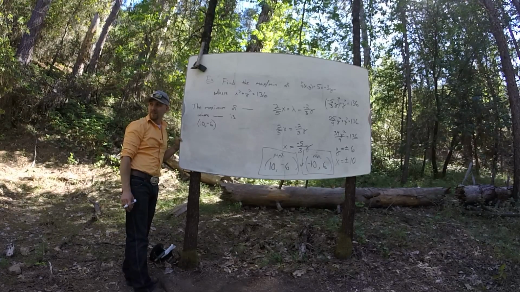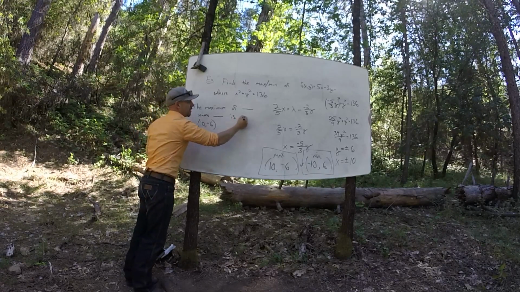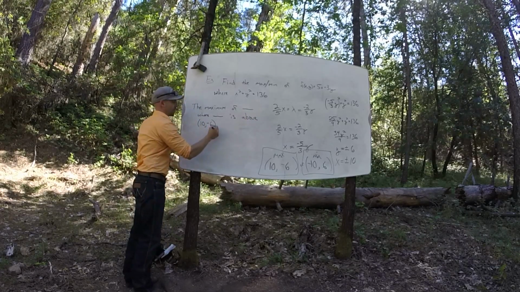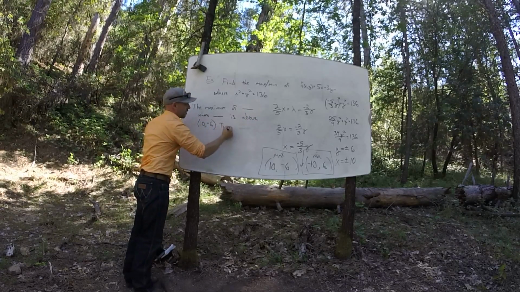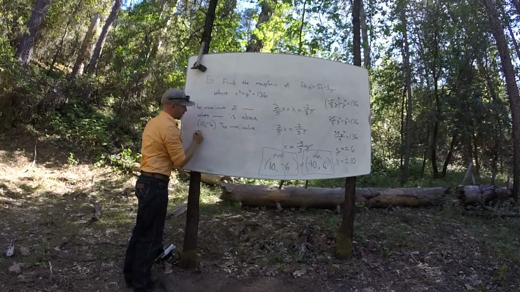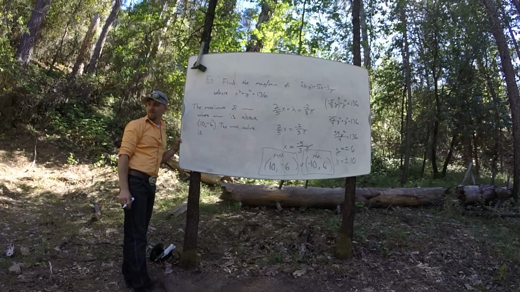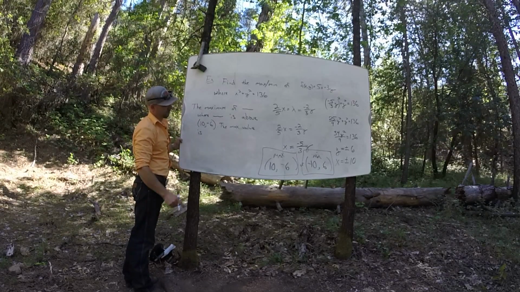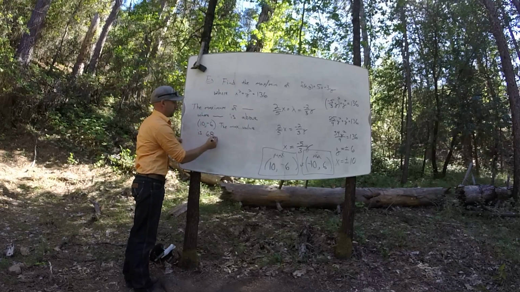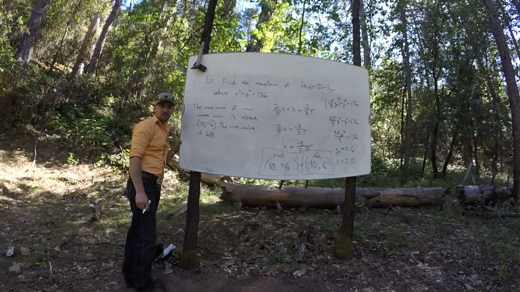So x is 10. The max value is, what, 32? Oh, minus 68.